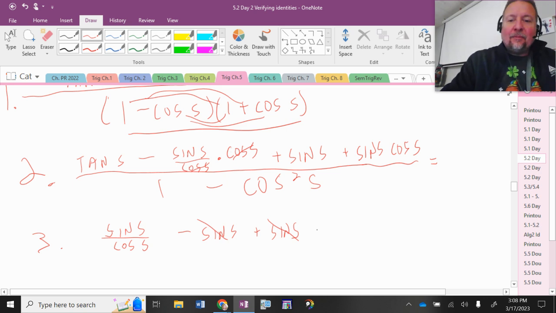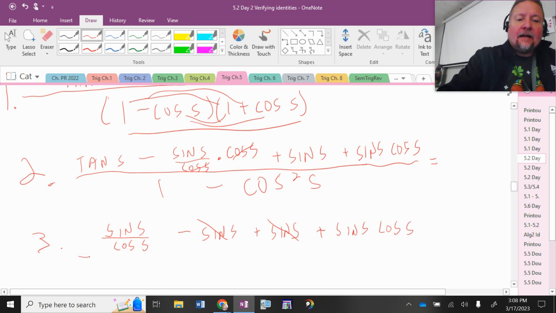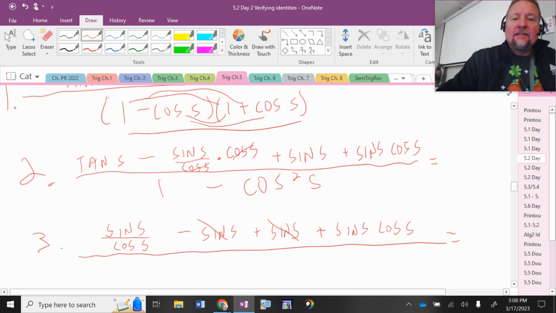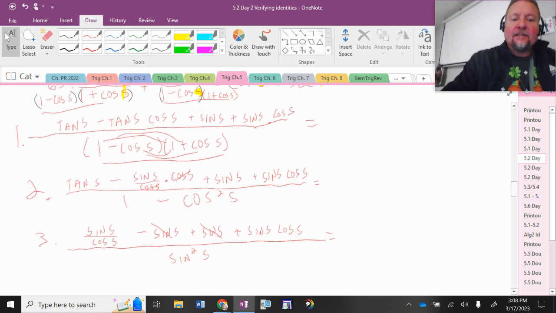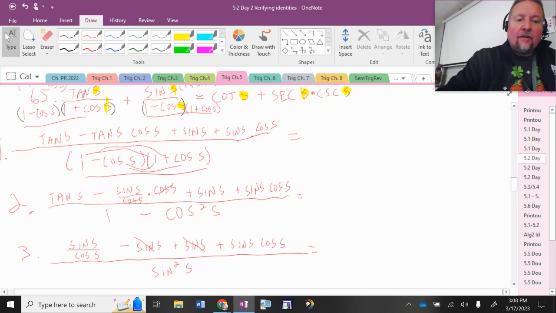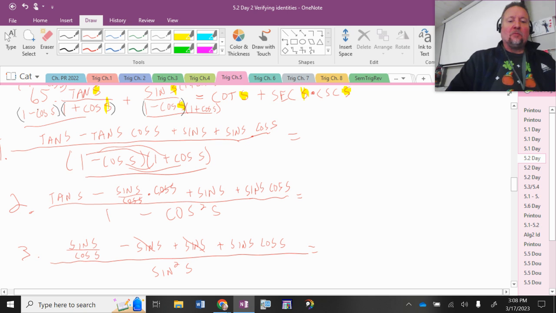And then plus sine of S, cosine of S, and everyone should be ahead of me on the bottom here. This is sine squared. And now you're starting to see at least the structure of the right side. One thing plus two possible things. All right, and now we're getting somewhere.